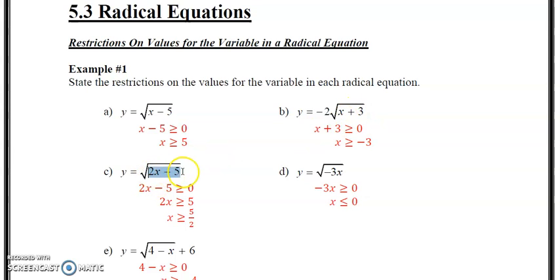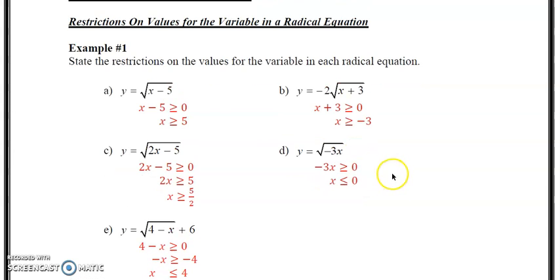So all you do is take what's underneath the square root sign, put a restriction on it by setting it greater than or equal to 0, and solve for x. In C, x has to be greater than or equal to 5/2. Remember D, if you will. Underneath the square root is negative 3x, greater than or equal to 0.